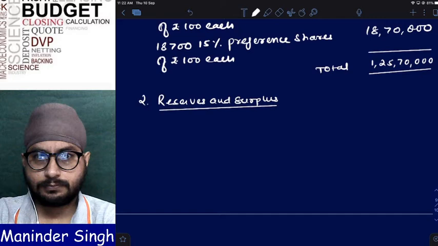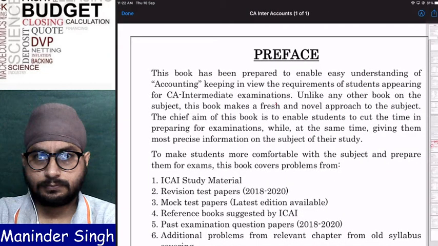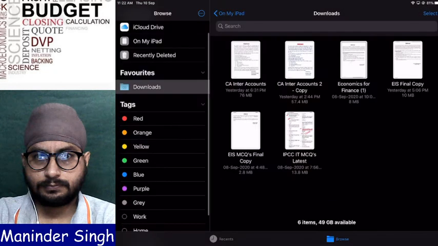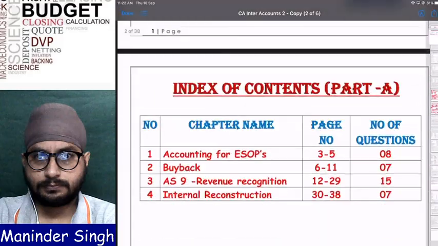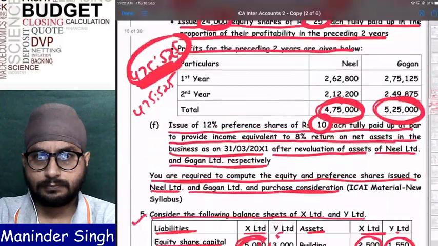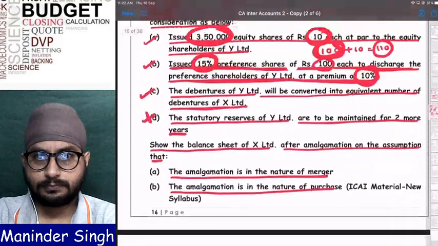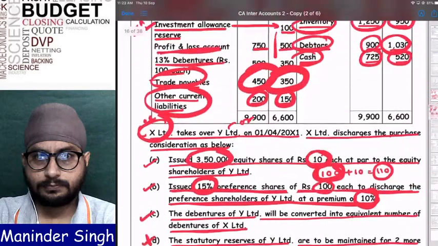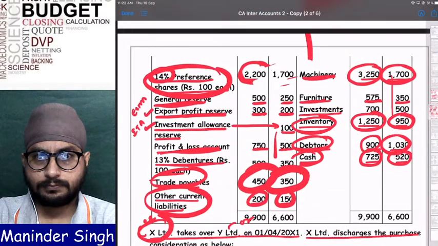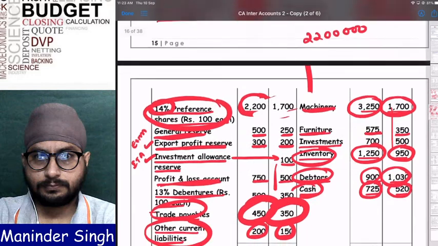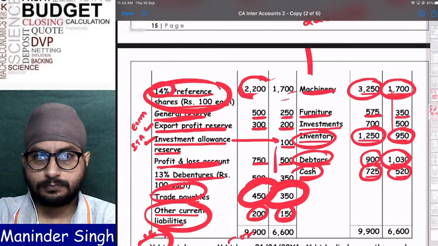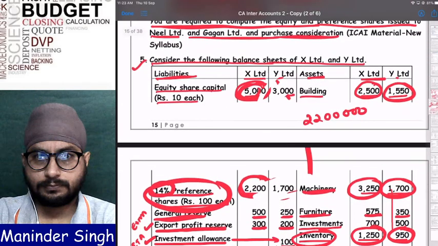Now let us see what are the changes. First one. What is the first one? General reserve. Now tell. General reserve of X limited will I take?